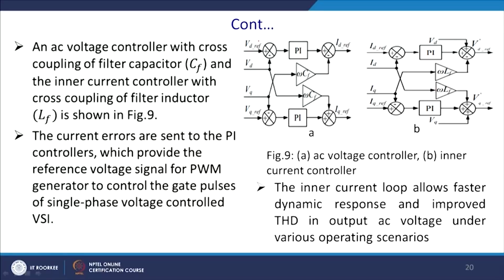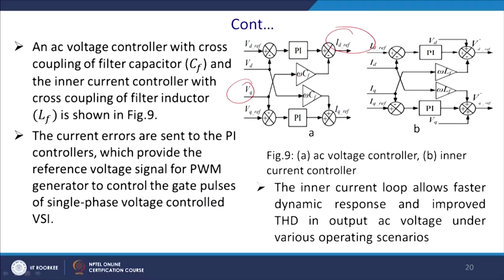So, Vref minus Vd is fed to the PI, and thus you generate this ID reference. Similarly, there is another loop, please come into the picture: Vd, thereafter you get Vq.